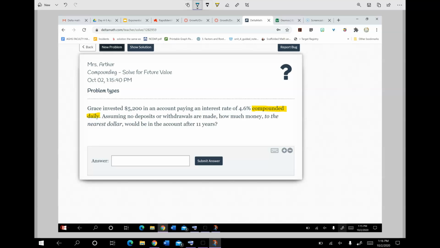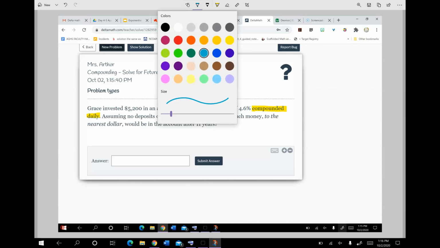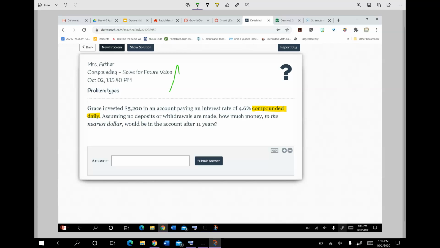It's not continuously anymore, so we change the formula to be A equals P times 1 plus R over N, to the NT. Okay, so let's label our stuff. Invested means that's your P. We've got a rate of 0.046.